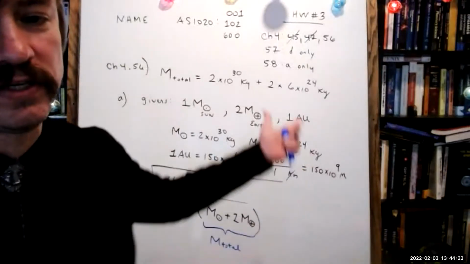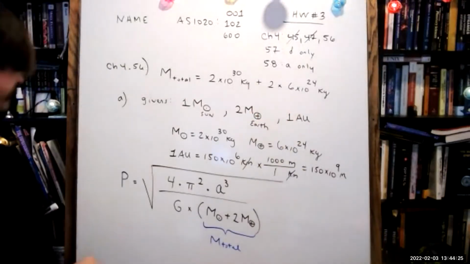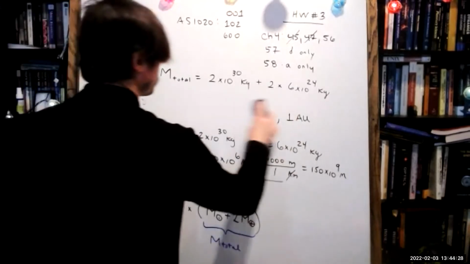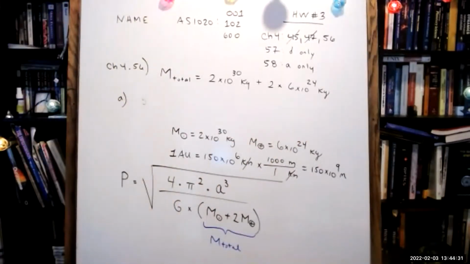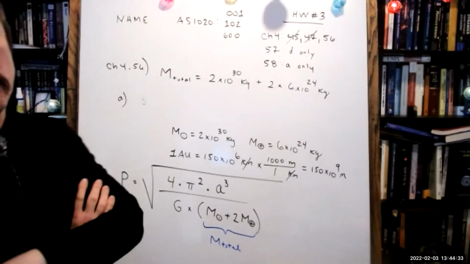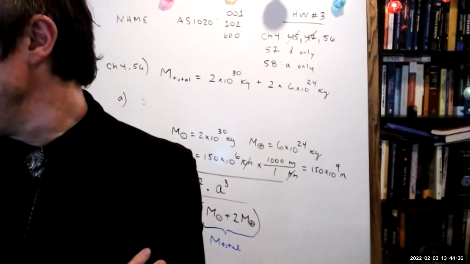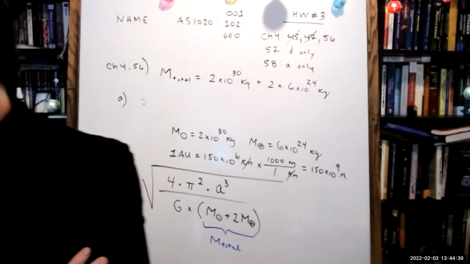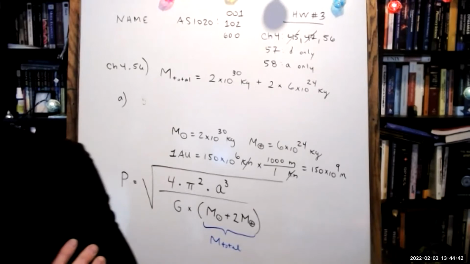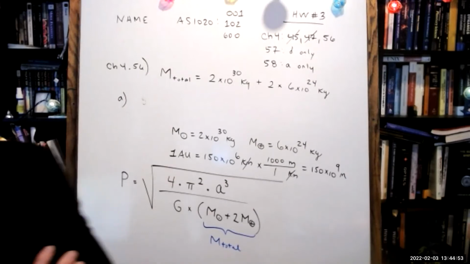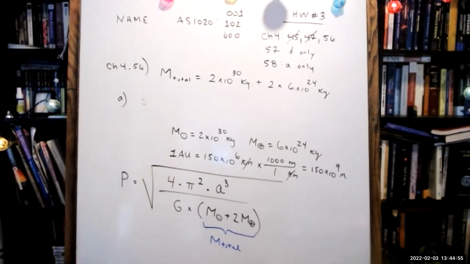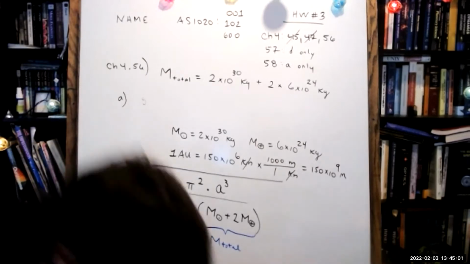You guys think you could handle punching that into your calculator? What'd you get? You want us to round to 1 sig fig?